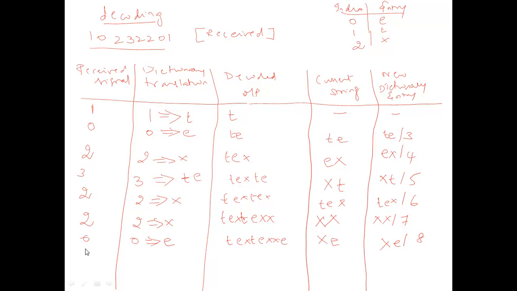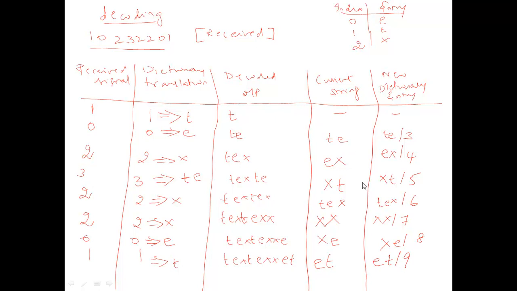Finally, the received signal is 1. 1 is translated as T. So TEXT EXXET. Okay. Previous translation is E, and the first letter of the present translation is T. So ET comes in the dictionary entry 9. With this, the decoding operation is over.